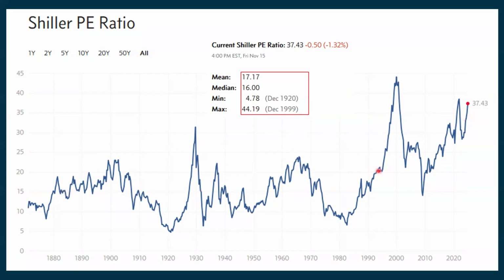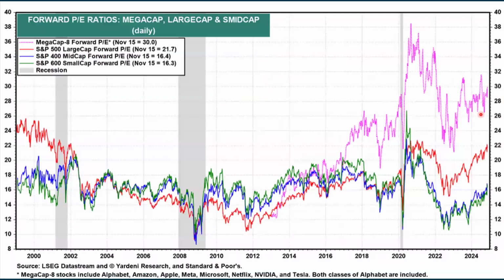And you can see the historical chart of what the valuations were. To give it a little bit more context, we look at the median and the mean here, and they're from 16 to 17, and we're coming in at 37. So this is also suggesting we are overvalued. But we've been this way for years now. So we don't use this as a timing mechanism. We don't use this to really make decisions. We use this more for informational purposes.